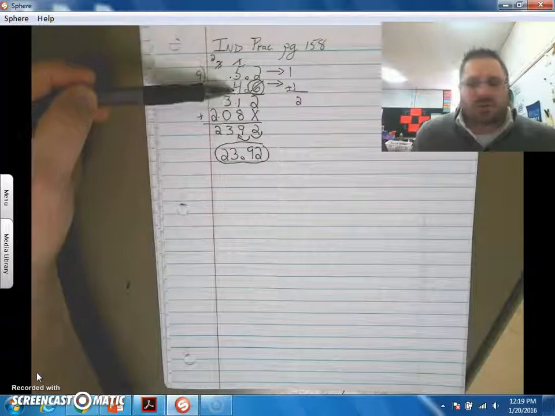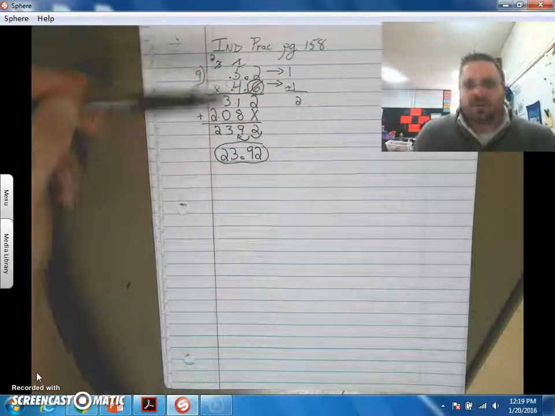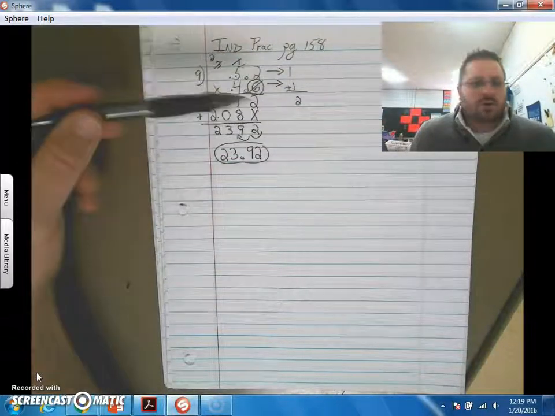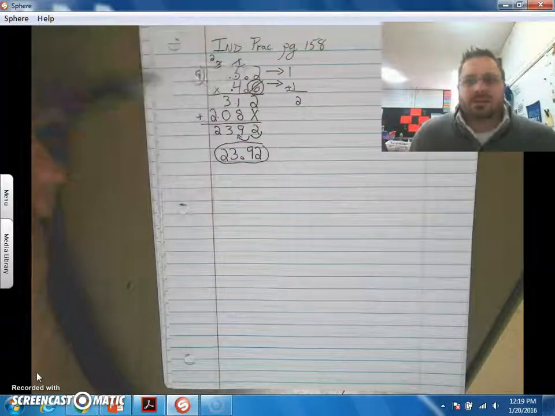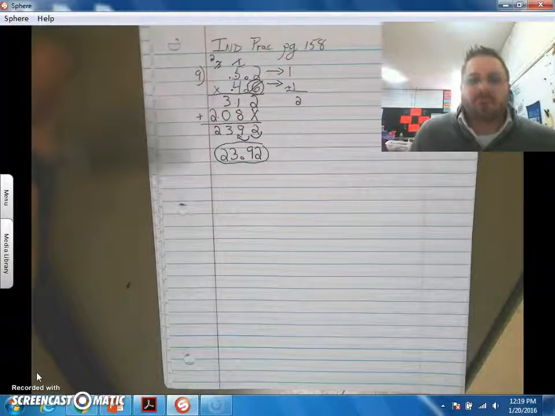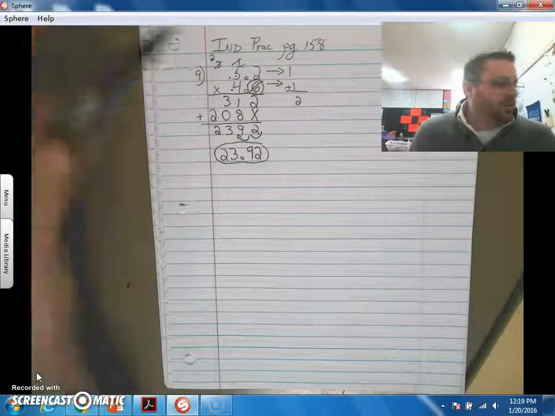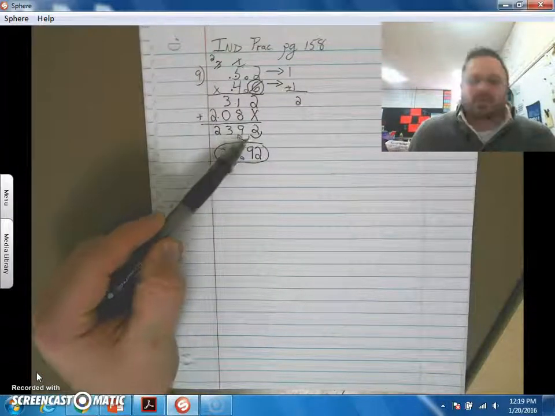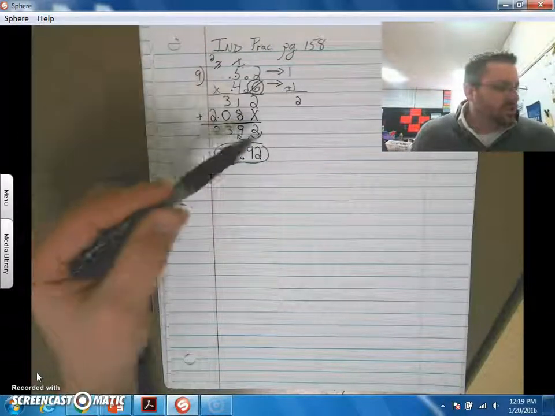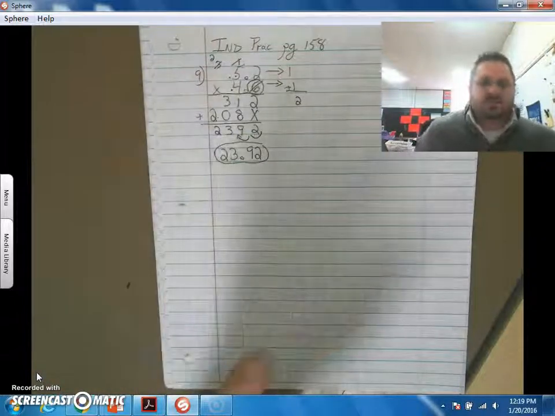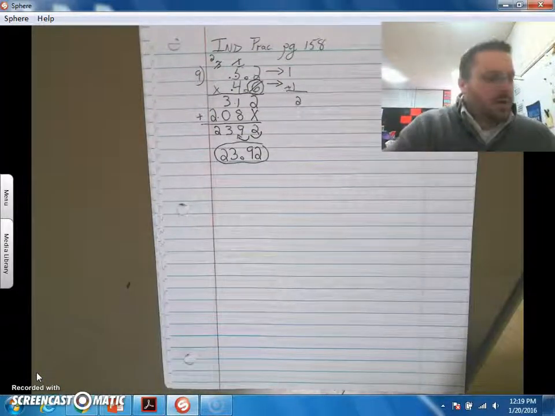We multiplied 4.6 by 10 to get to 46. So our answer of 2,392 was 10 times 10, which is 100 times bigger than the actual product. When we jumped left, it was taking that back and dividing by 100, which is 2 place values. Just in case we're wondering why that works.